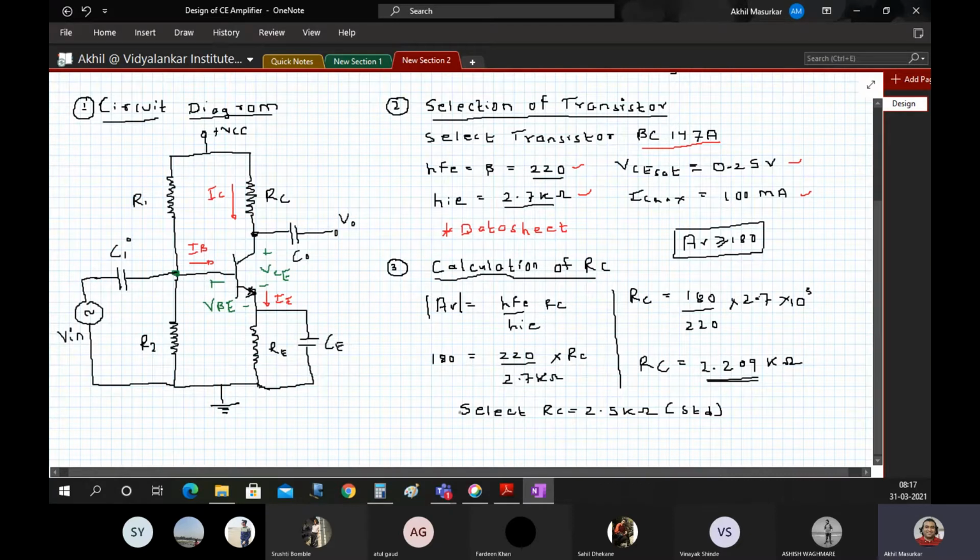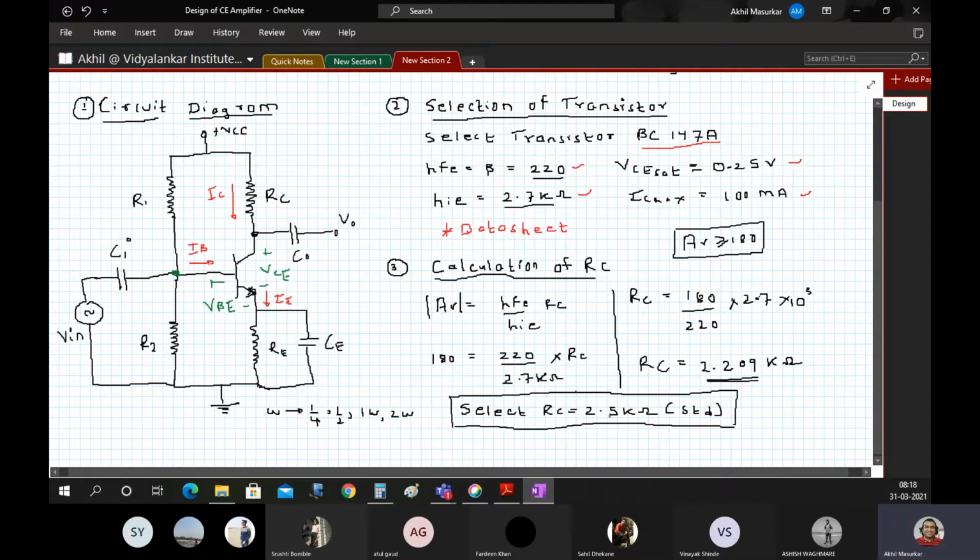But still, every resistance has got a wattage rating. The wattage ratings are generally quarter watt, half watt, 1 watt, 2 watt, and so on. So what will be the wattage rating of this?